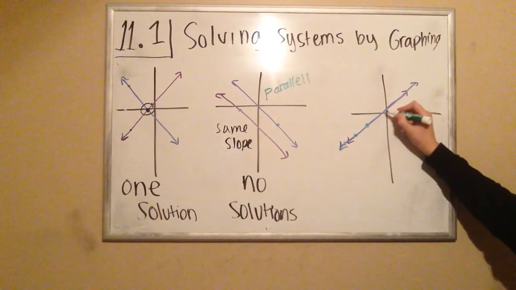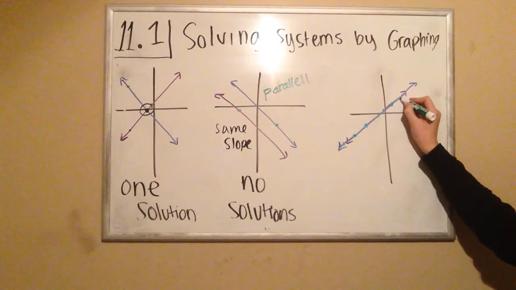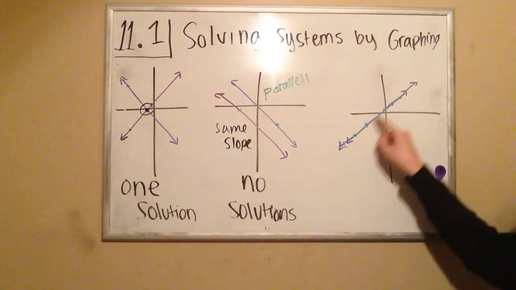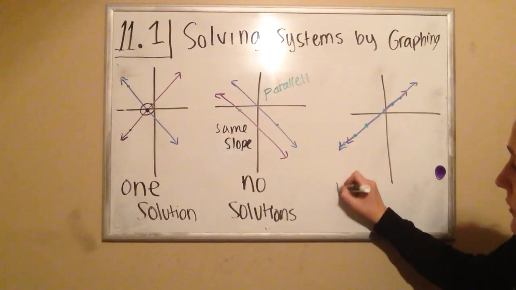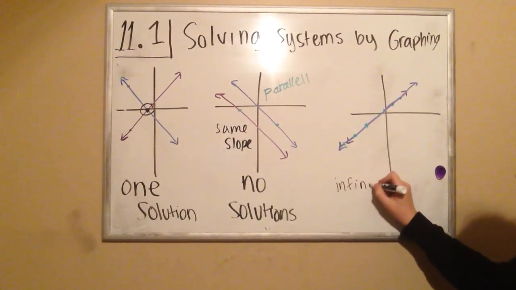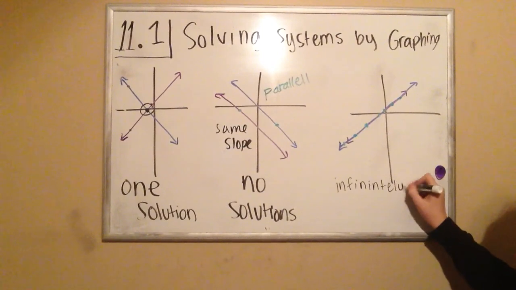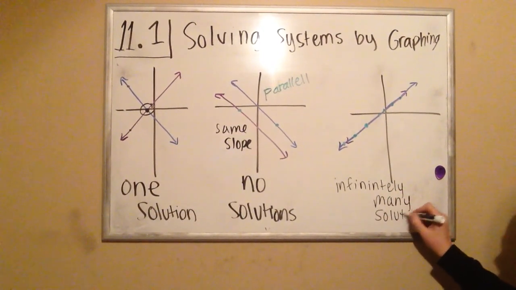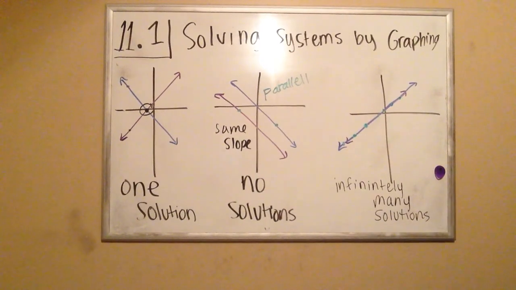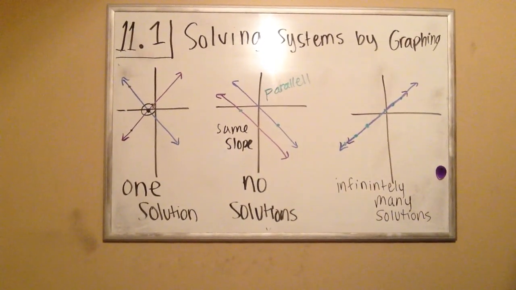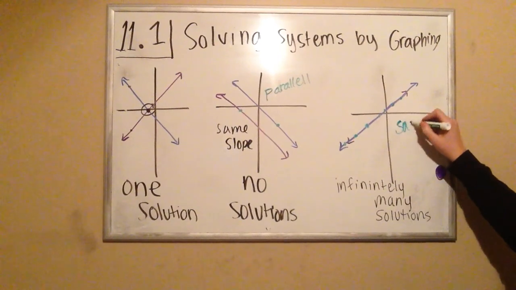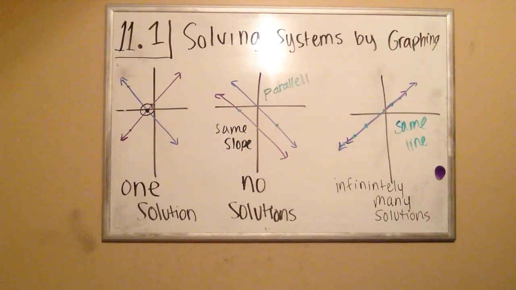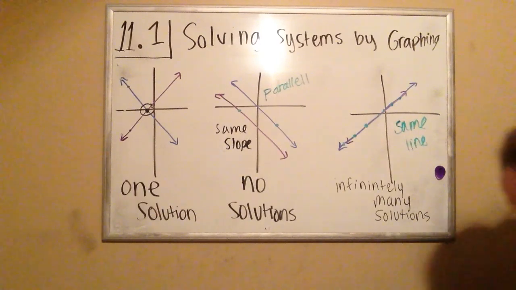So it lies on both lines, this one, this one, this one. It turns out that every single point on this line, they share, right? They share every point. So this is what we call infinitely many solutions. That means that they share every single ordered point. And if you look at them, you can tell that they are the exact same line. They have the same slope, and they have the same y-intercept.